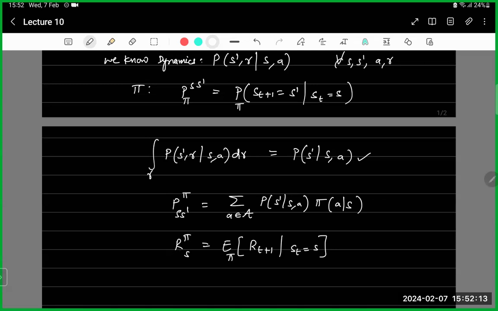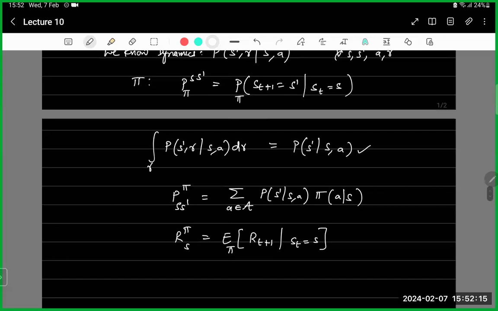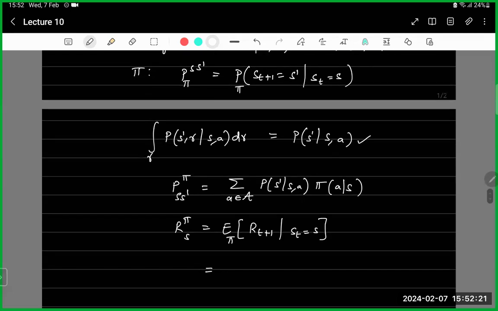Okay. So can I compute this? How can I compute it? What is the expected reward that I'll get for taking some action according to pi? I know this, right? I can calculate this from my joint distribution.